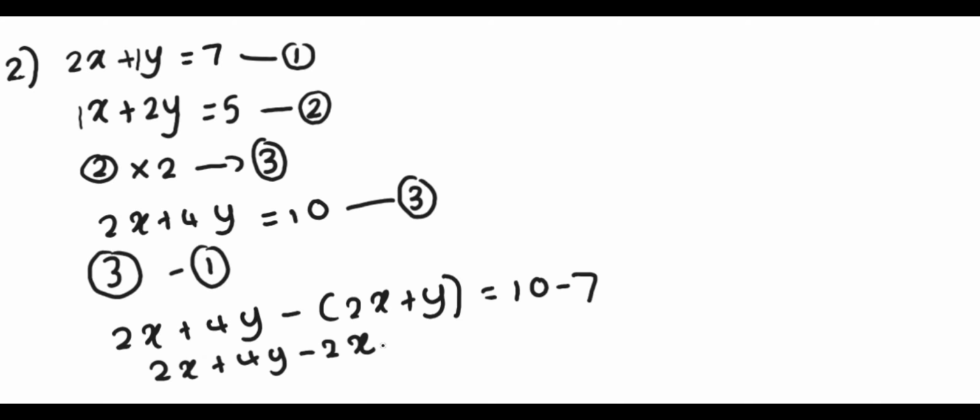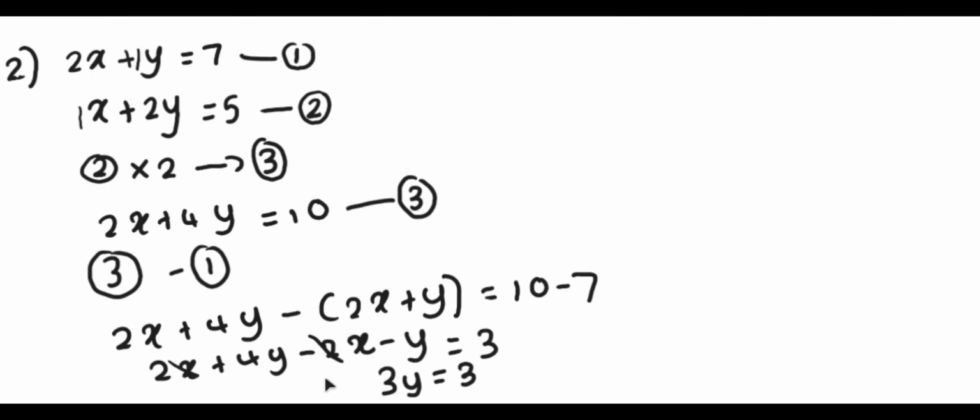Minus 1 into plus y is minus y. 10 minus 7 is 3. Plus 2x cancels with minus 2x. 4y minus y is 3y equals 3.